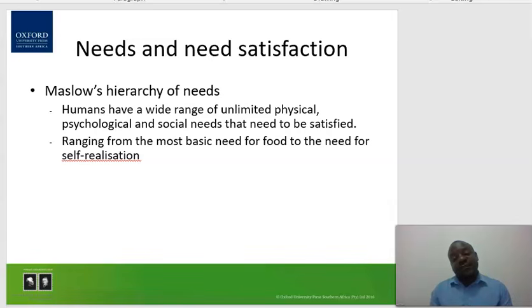Please note that this hierarchy of needs is also used as a theory of motivation, and we'll focus on it in more detail in chapter 12. But currently we are only using this hierarchy of needs to understand that people have unlimited needs.